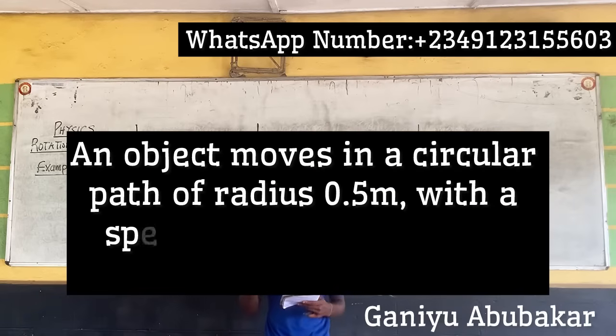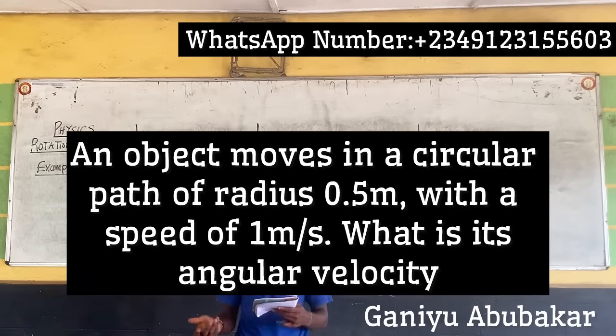It says an object moves in a circular path of radius 0.5 meters with a speed of 1 meter per second. What is its angular velocity? So let's get this done, please.